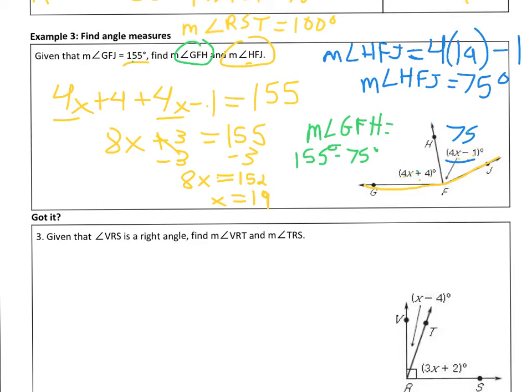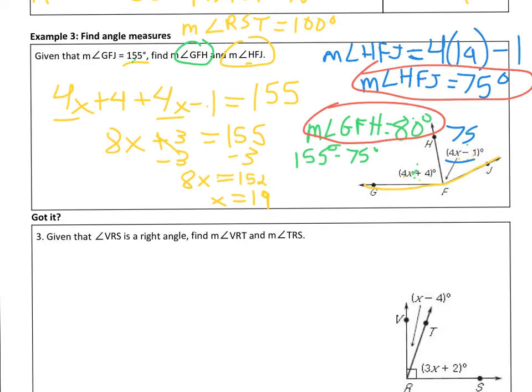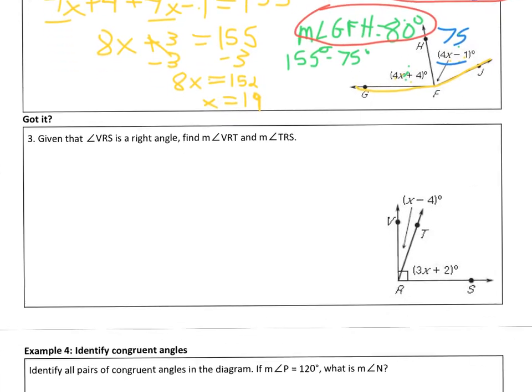That would be 80 degrees. So those are my two angles that I found. You could have just gone back and put 19 into this expression and you would have gotten the same exact solution. But this is a little bit more efficient: the biggest angle in this problem minus one of the angles I know gives me the other angle I don't know.